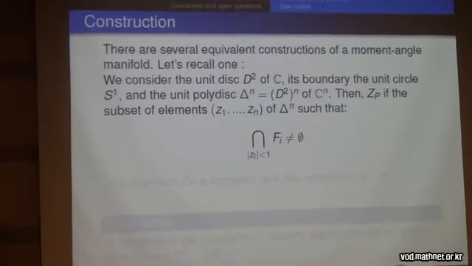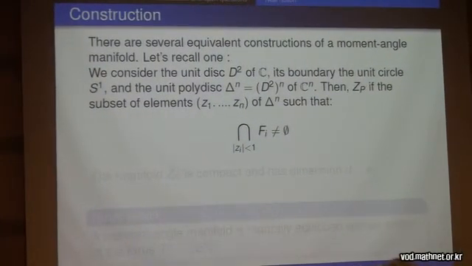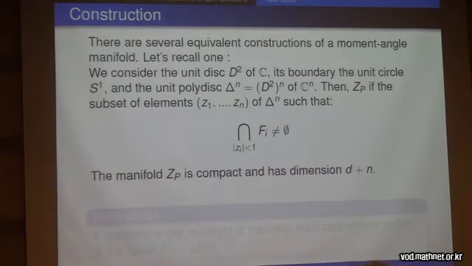So you keep a point if it has a few coordinates of modulus less than 1, namely if the corresponding facets intersect in the polytope. So such a manifold is compact, and its dimension is the sum of the dimension of the polytope and the number of facets of the polytope.